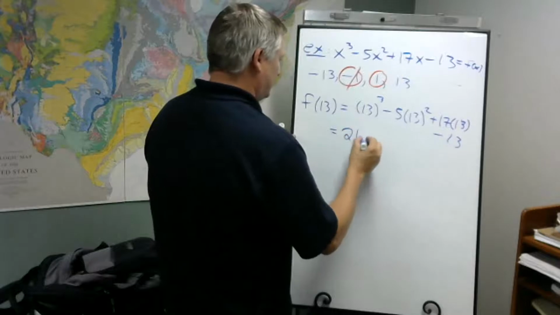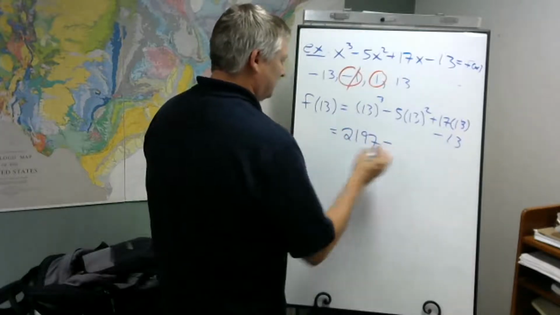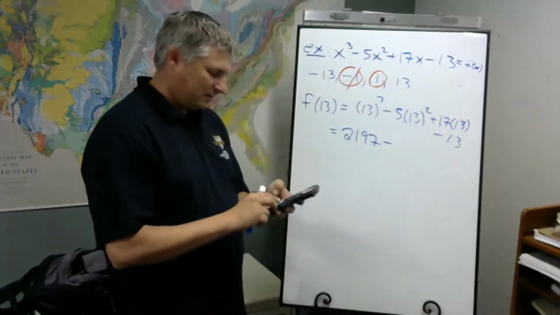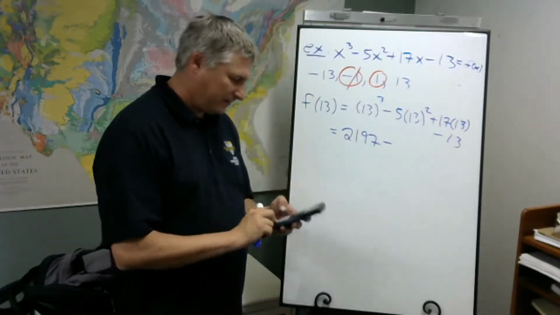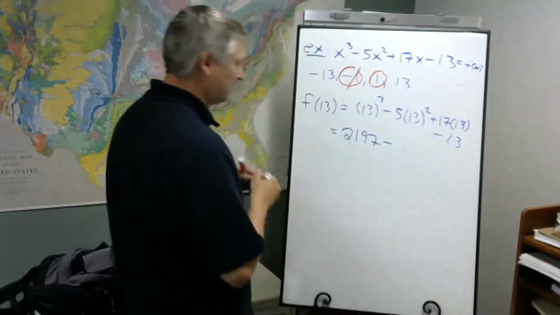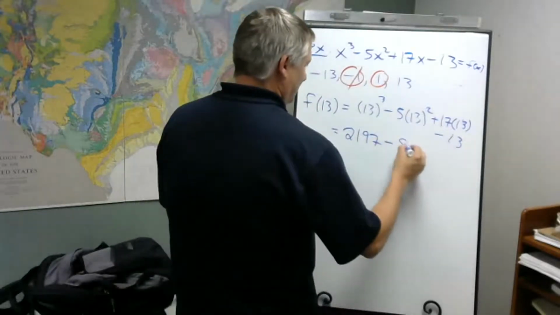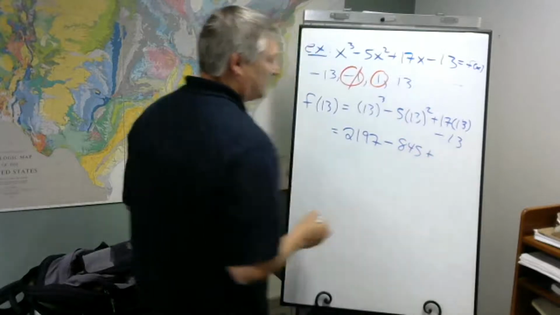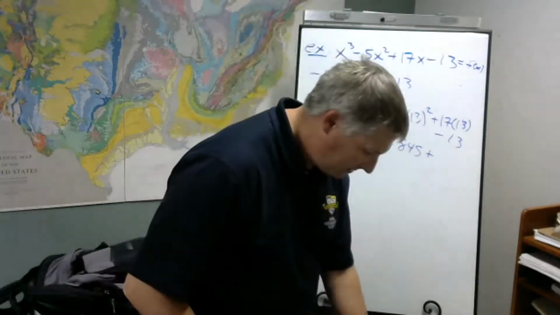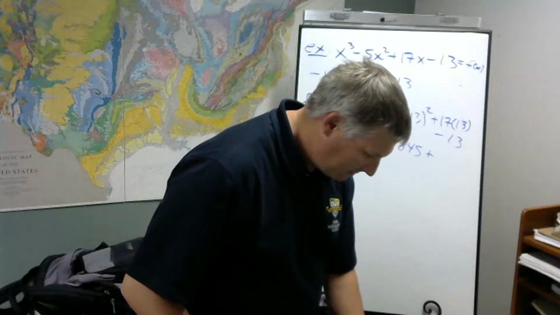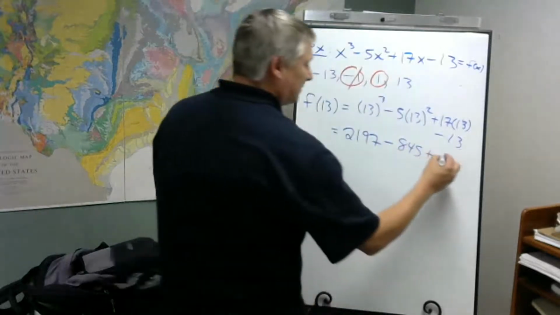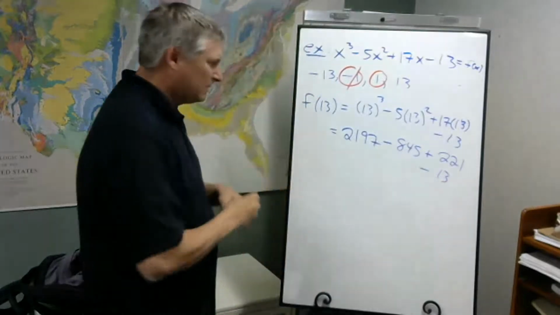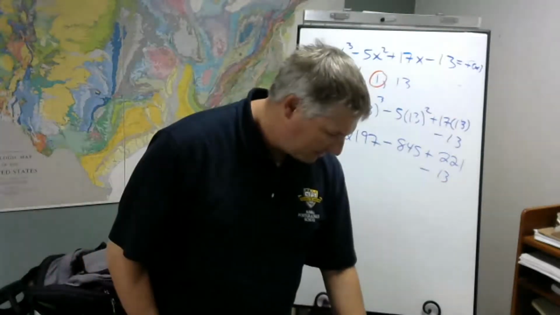So 2197 minus 13 squared times 5, 845, plus 17 times 13, 221, minus 13, and then combining these, what do we get here?